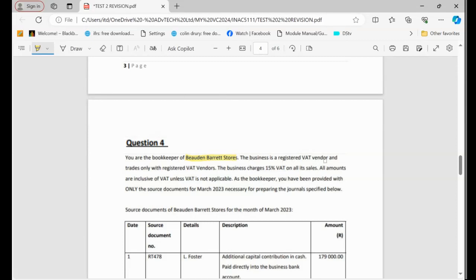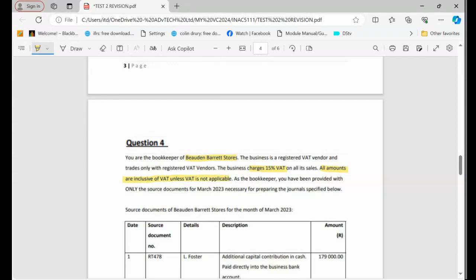And they say the business is registered for VAT, meaning we're VAT vendors, and trades only with registered VAT vendors, meaning we need to consider the charge of 15% on all the sales. All the amounts are inclusive of VAT, as VAT is not applicable.